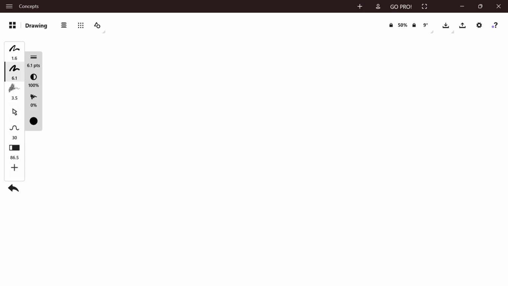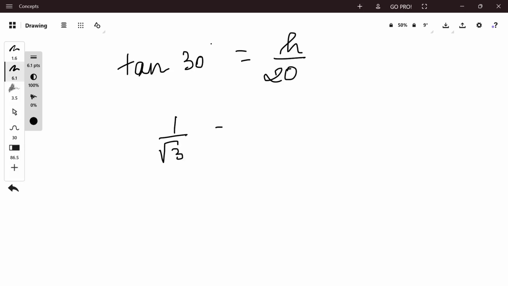The relationship between height, shadow length, and angle is given by the tangent formula. Tan 30 degrees is equal to h upon 20. We know that the value of tan 30 is 1 by root 3. That is 1 upon root 3 is equal to h upon 20. That is h is equal to 20 upon root 3.